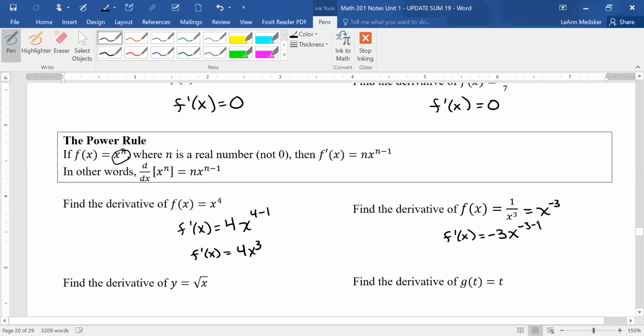Notice this is a negative minus another 1, so it's going to look like it's getting smaller in the negative numbers. It's going to -4, not -2. A lot of times we'll have you rewrite this by moving that x to the 4th back down to the bottom so that it looks like the original. So this is the answer for that one.